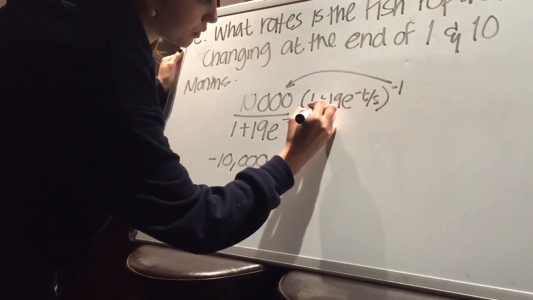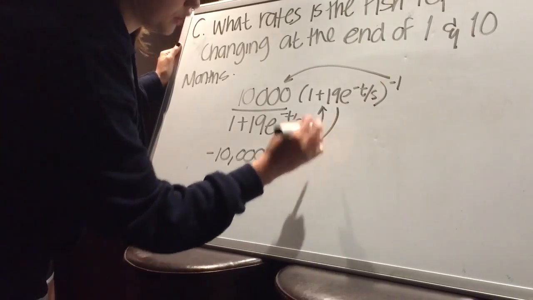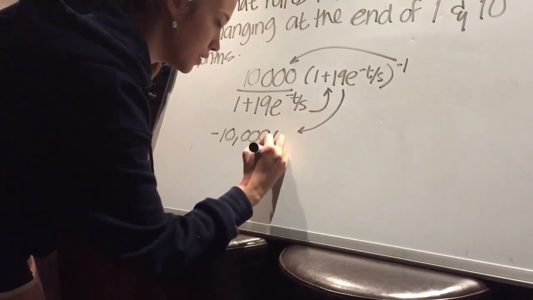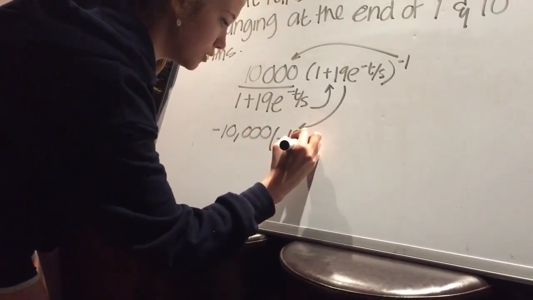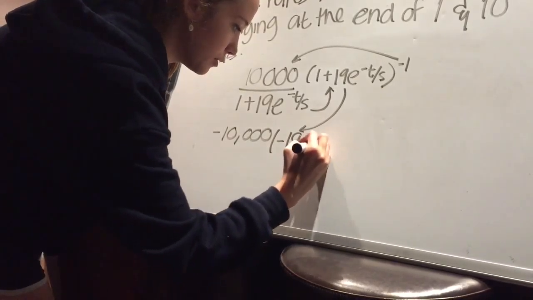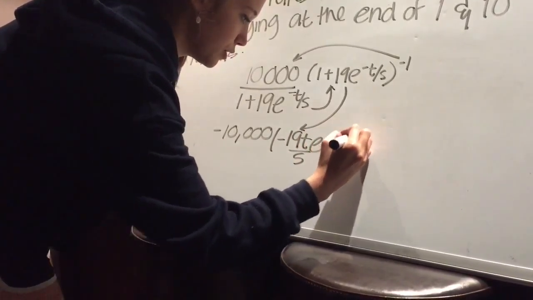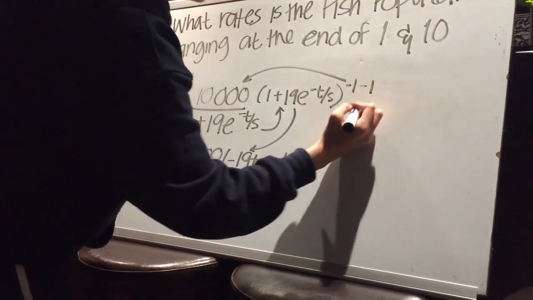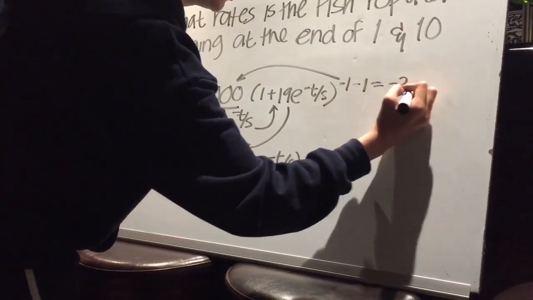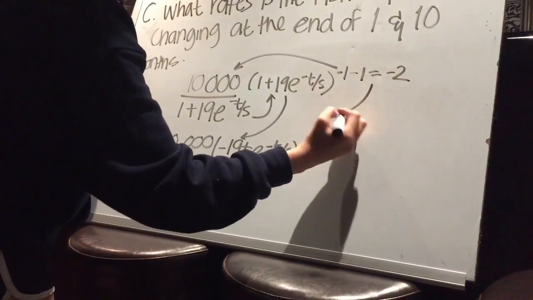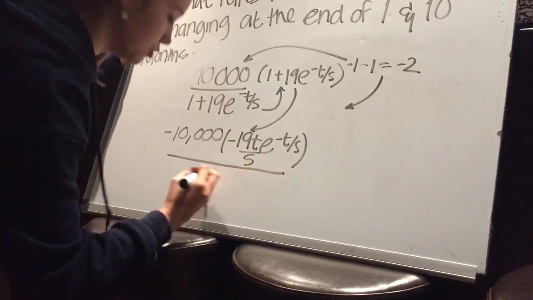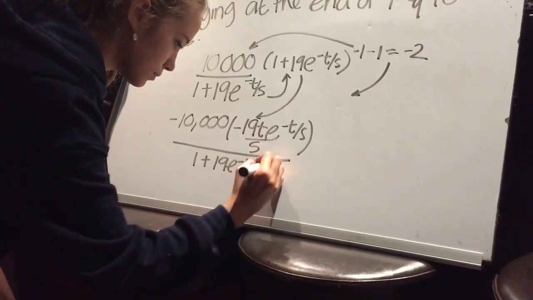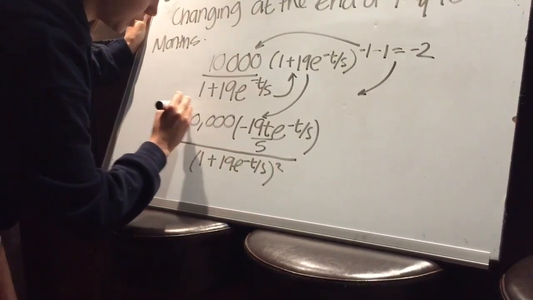Then we put this with the derivative of what's inside the parentheses, that is negative 19 over 25 e. And here, subtracting one from the exponent gives negative 2, and we pass it to the denominator of the equation, having our final answer.